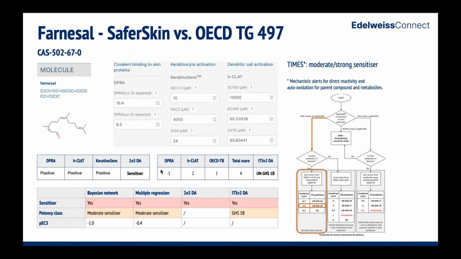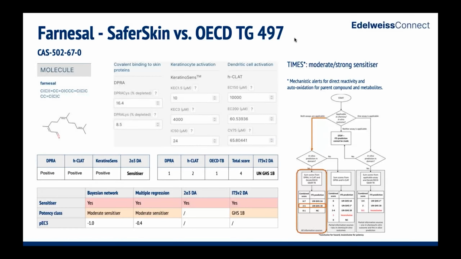For Farnesal, the score contribution of the DPRA assay was 1, and the score contribution from h-CLAT was 2, so the total battery score was 4, which puts Farnesal in UN GHS 1B, that is a weak or moderate sensitizer. There is no distinct classification within this guideline as weak or moderate. Both come within UN GHS 1B.